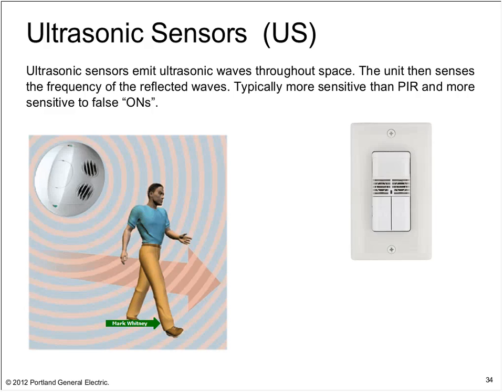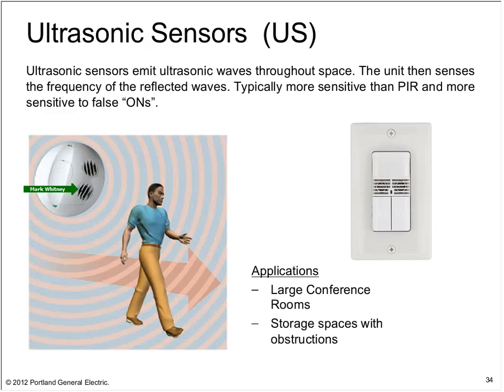And the sensor has one port here that shoots out the waves, and the other one receives the waves, and it's looking for something that's interrupting that wave. These are typically more sensitive, and they're more sensitive to false ons. And these are best for rooms that have a door that's normally closed.